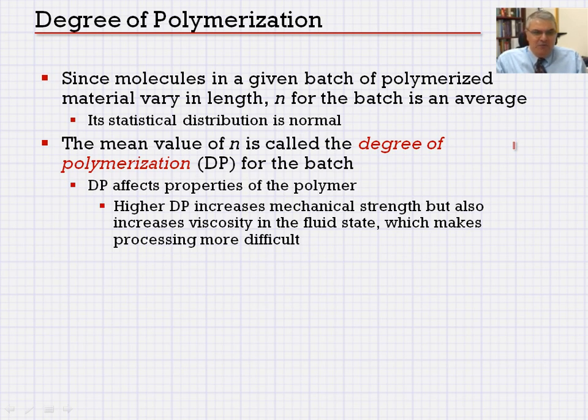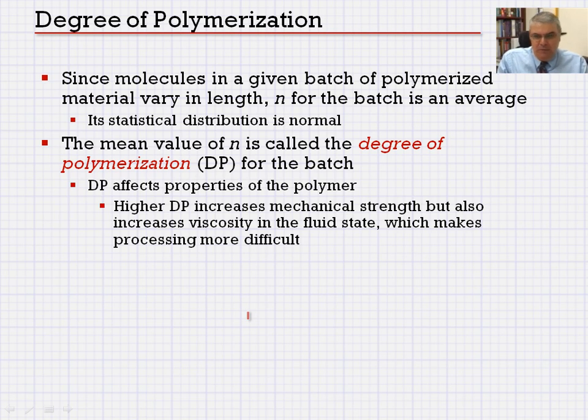For that normal distribution, the mean value of the length, which we call N, is called the degree of polymerization, or DP, for each batch.